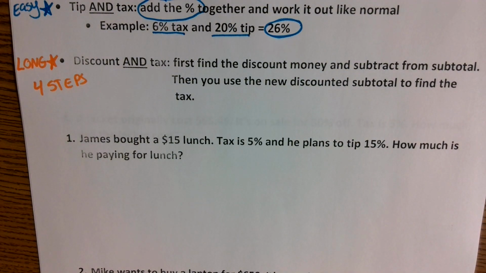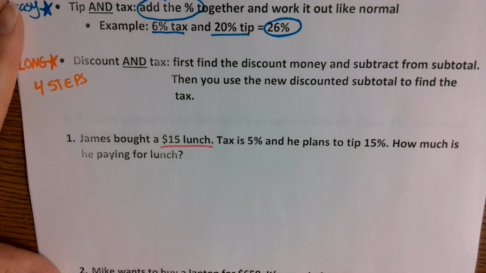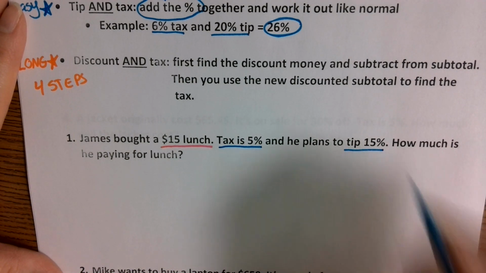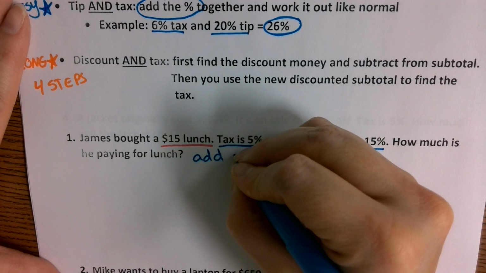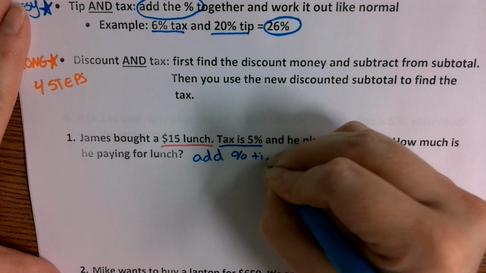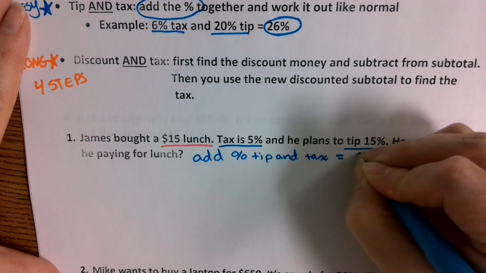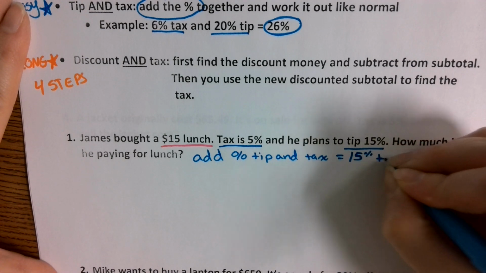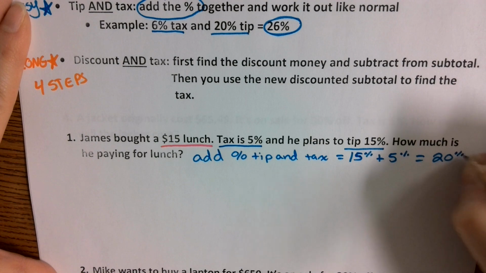Let's take a look at problem number 1. For problem number 1, we're going to have a $15 lunch. Tax is 5% and tip is 15%. The first thing I'm going to do is add my percent tip and tax. So I'm going to add 15% plus 5%, which is going to come out to 20%.